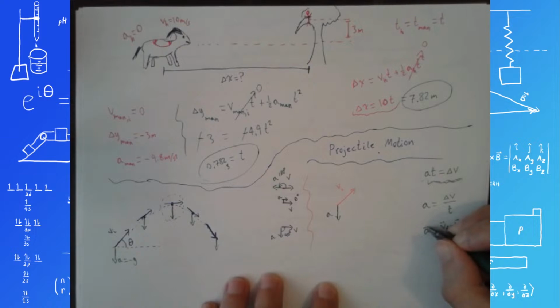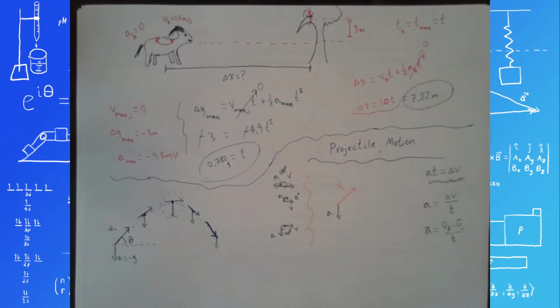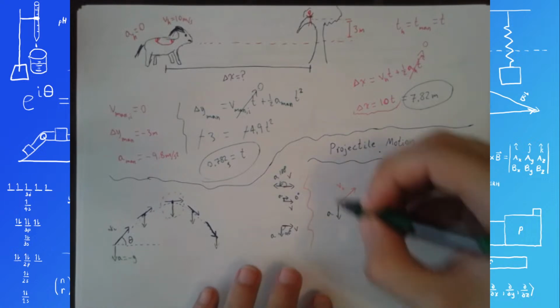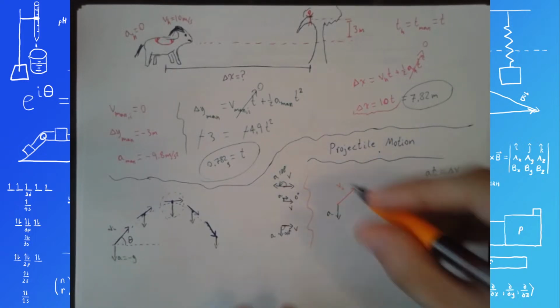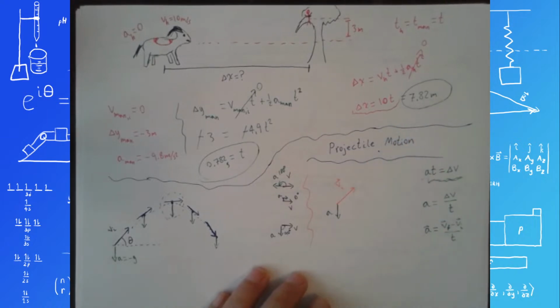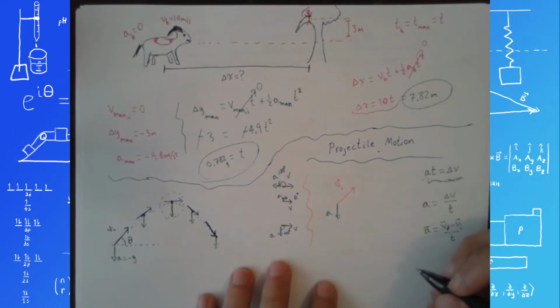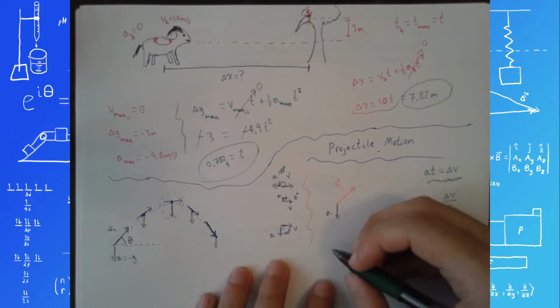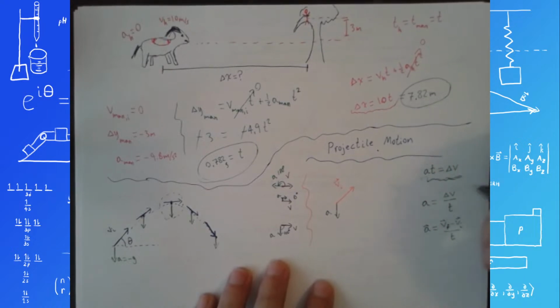And I'll use the vector arrowheads here. Okay, so if this is my v initial over here, and I multiply the acceleration by some amount of time, then I get something called AT, which will be in the same direction as A because t is usually a positive scalar.